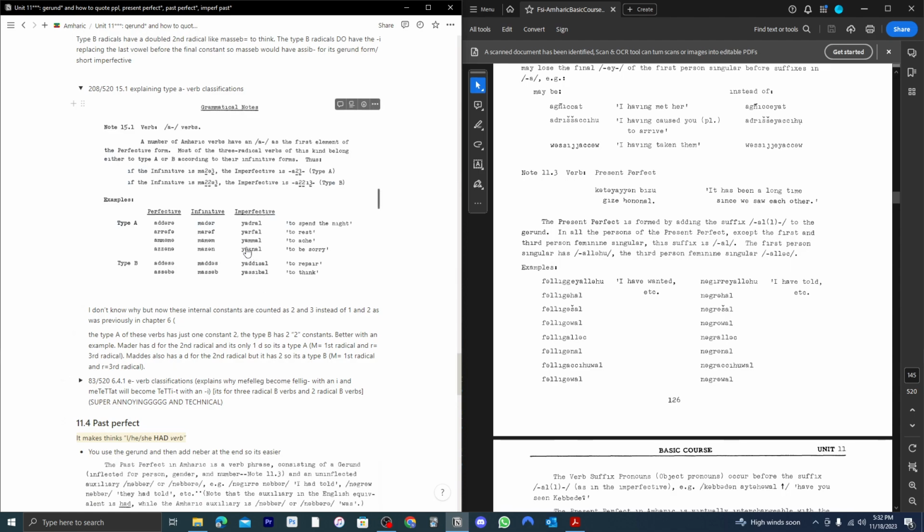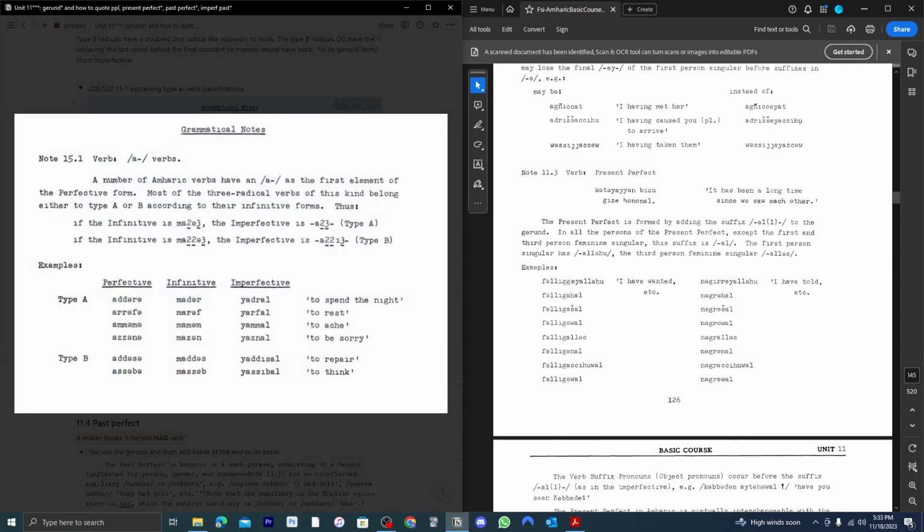But type B's I think are the same idea. Actually, I don't remember how type B's are classified. The type B has two consonants. Okay, so it has a double here, and that makes it a type B. What does confuse me is, oh, I'm tripping. These are the imperfective.